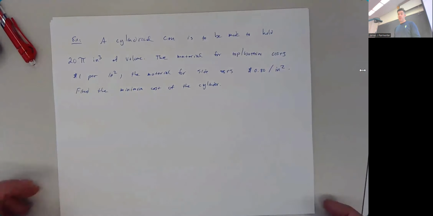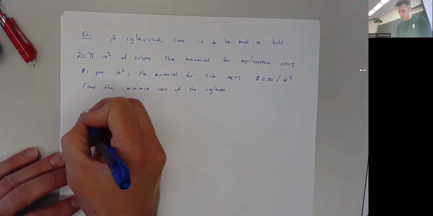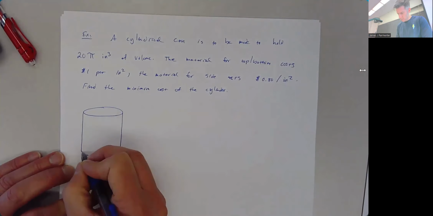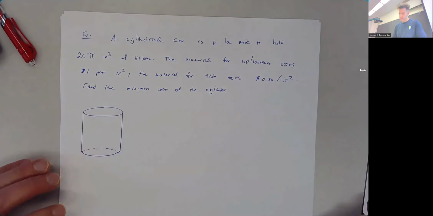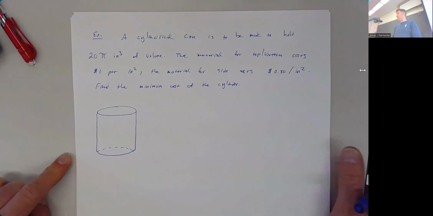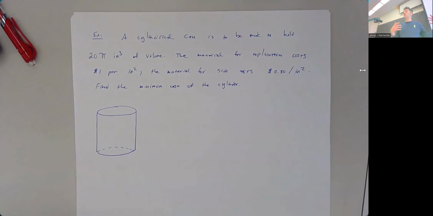All right, so cylinder. Draw ourselves a cylinder. I personally like to try to start with the function I'm trying to maximize or minimize, but people often find it easier to start by writing what the constraint is, and we can totally do that. So we are constrained by the fact that this cylinder has to hold a volume of 20 pi cubic inches.